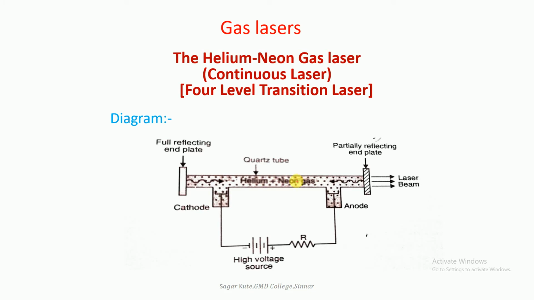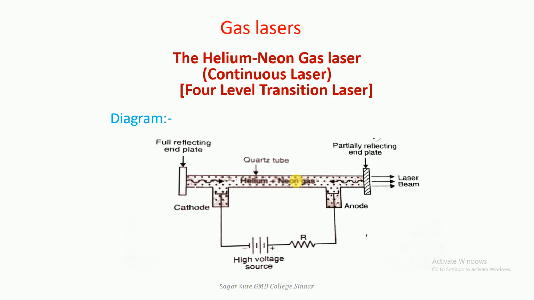Helium is filled under a pressure of 1 mm mercury and neon under a pressure of 0.1 mm mercury. Hence, the majority of atoms are helium, 85%, and the minority are neon, 15%. The actual lasing atoms are neon atoms, while helium is used for selective pumping of the upper laser level of neon.